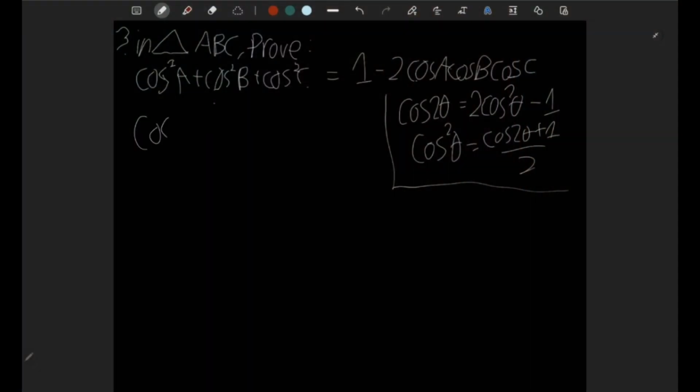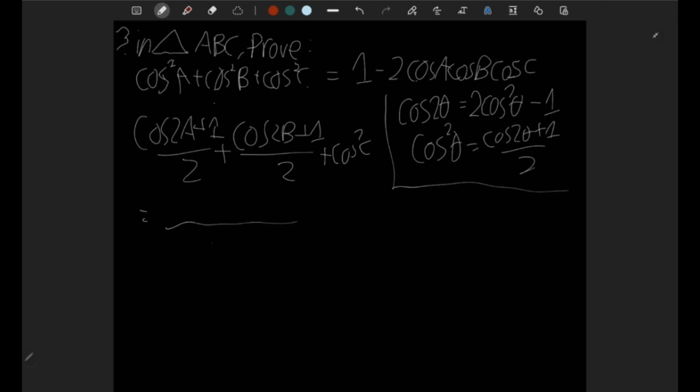So, cos 2A plus 1 divided by 2, plus cos 2B plus 1 divided by 2, plus cos squared C. And then we're going to add them together.